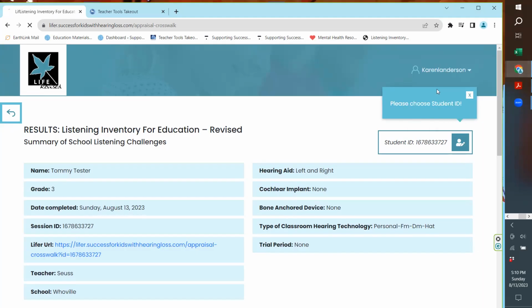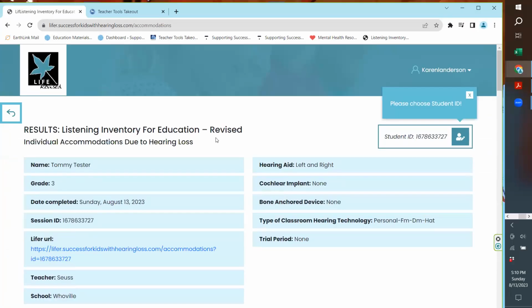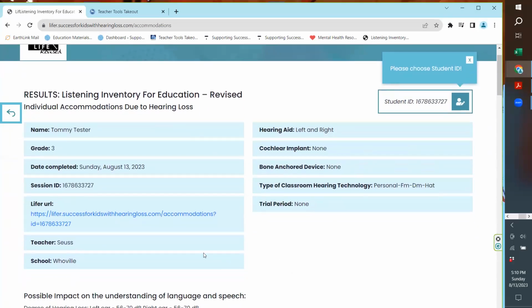What's the next one? It is the report to generate accommodation suggestions. Again, we have the demographic information, but considering this is going to talk about accommodations, you're probably going to be more likely to be discussing this and sharing it with a teacher.